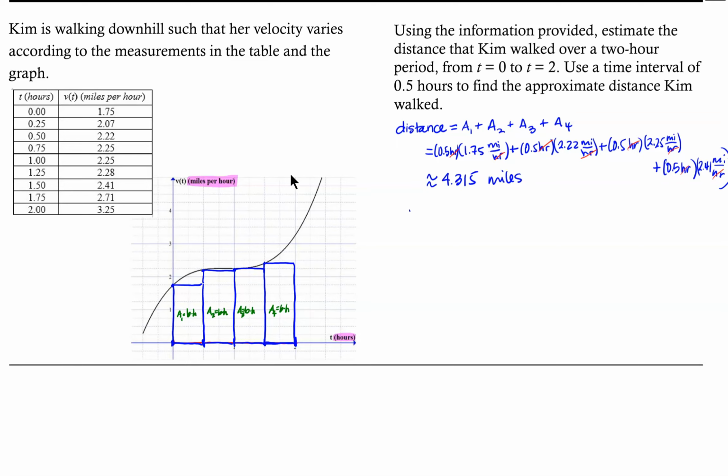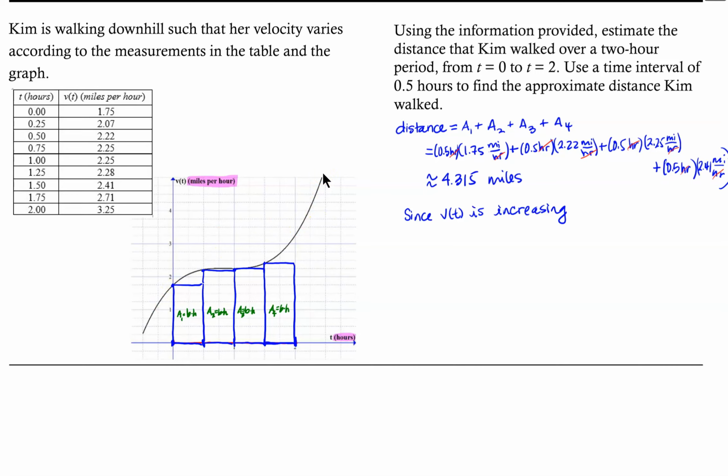So since the velocity function is increasing, when I create these rectangles using the left endpoints for an increasing function, I will have some error. I will have an estimate, but it's an underestimate because I'm not capturing the entire distance that's being traveled. And that's because we're using a left endpoint to create our estimate, and our function is increasing.